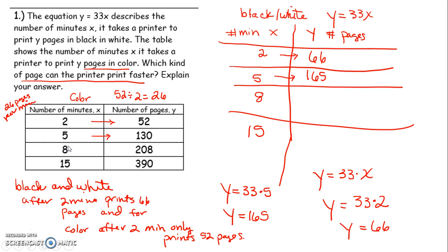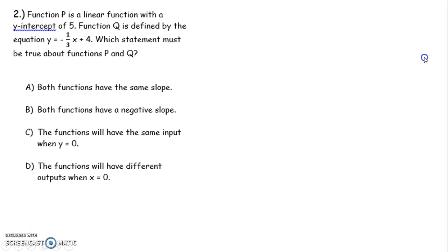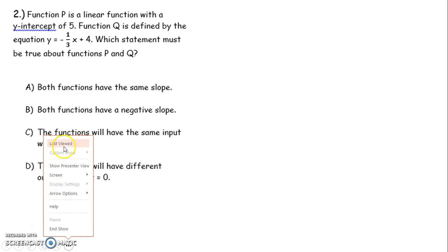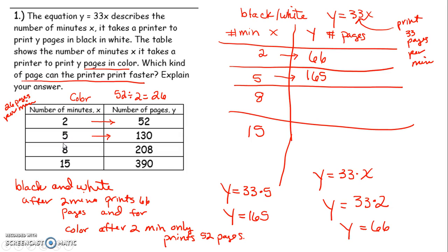And if you look here at the black and white, if I put a 1 in place of x, 33 times 1 is 33. So for the black and white, that rate of change gives it away. Black and white can print 33 pages per minute. Definitely faster. Sorry, I keep hopping screens on you, Lindsay. So the black and white is definitely quicker.